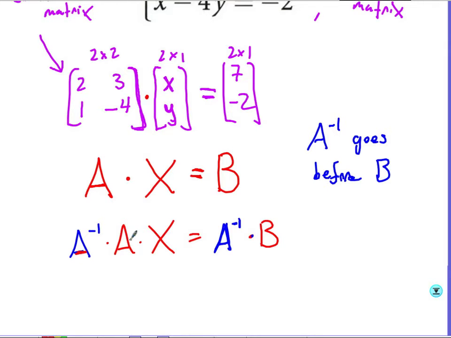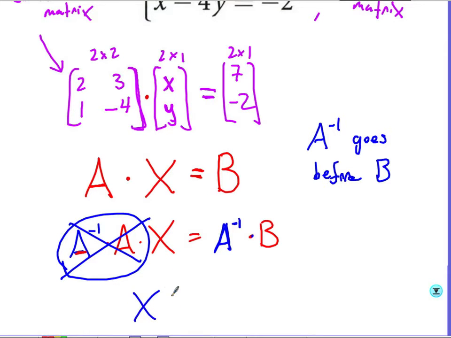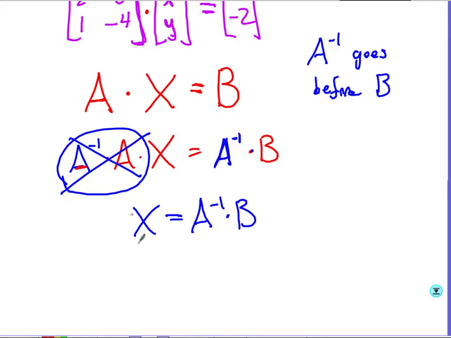Okay, since I did multiply by the inverse of matrix A on both sides, what do you think is going to happen to the inverse of matrix A times the matrix A? Well, that is going to go away. And so what I have here is X is equal to the inverse of matrix A times matrix B. So now let's write what these capital letters represent.